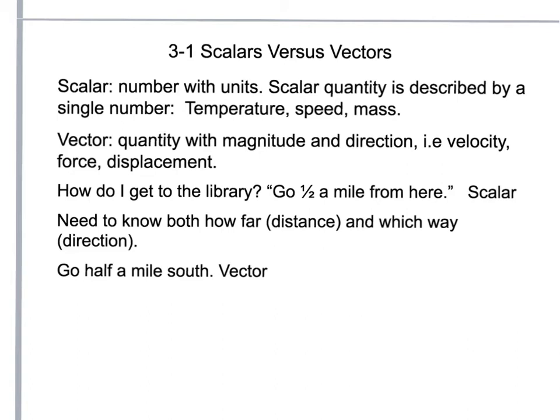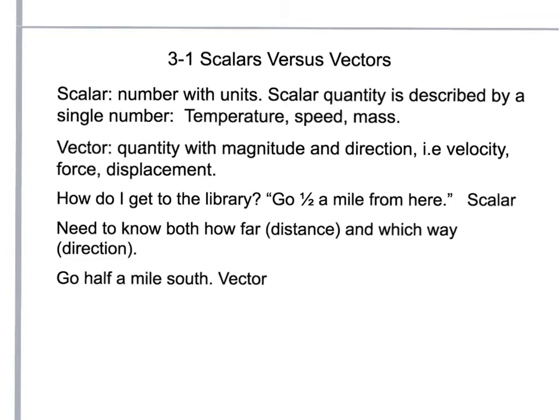But when we look at velocity, when you have 10 miles per hour, that's your speed, and then you could say 10 miles an hour north. So there's your direction. A vector is a quantity that gives you a magnitude and a direction. Your speed here, the 10 miles an hour, is your magnitude, and the direction is north.